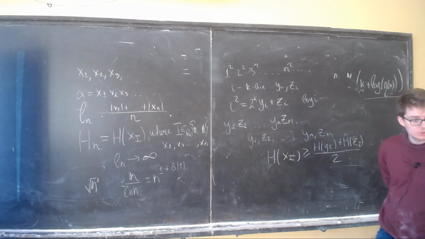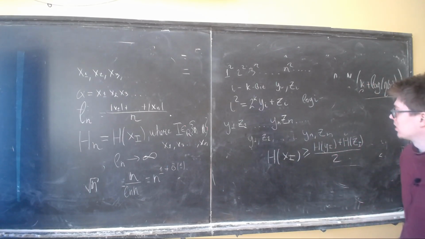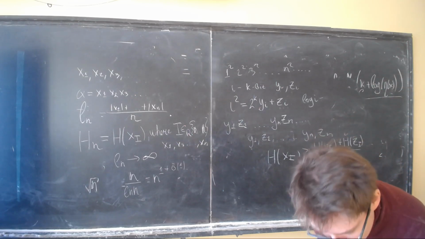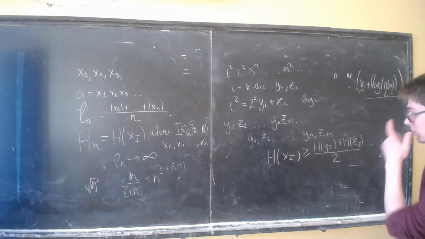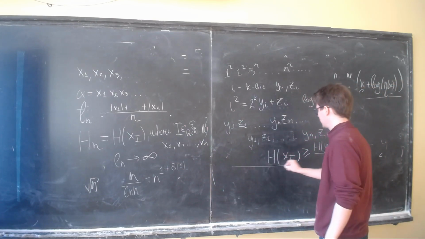So I can lower bound entropies separately. It is easier to lower bound y because y is the significant bits.